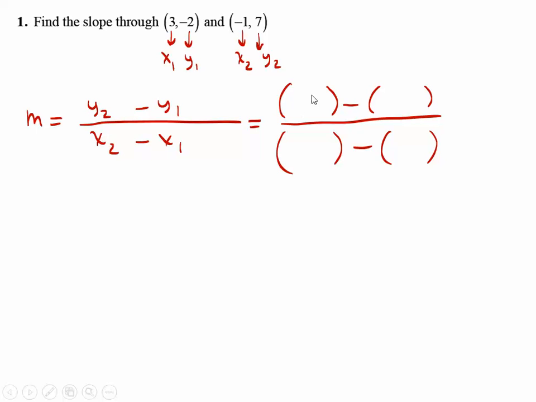So, what's my y2? 7 it is. What's my y1? -2. X2? And x1. Perfect. Okay, with this, that allows me to see this real quickly, right here.